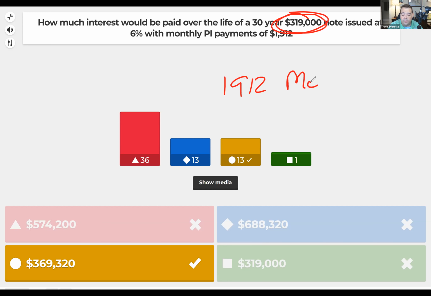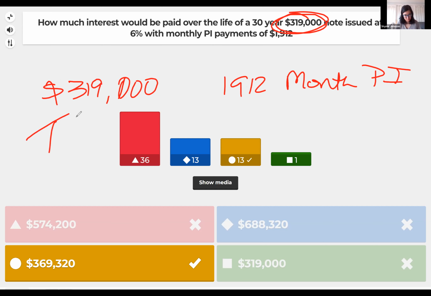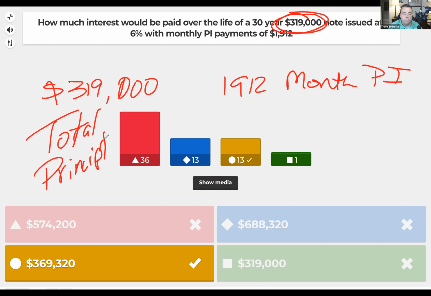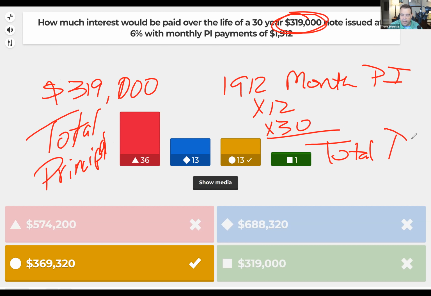So now you have 1912 monthly PI and you have 319 total principal. All we're doing is getting total PI by doing 12 months a year, 30 years, and when you multiply that out, you get total PI.